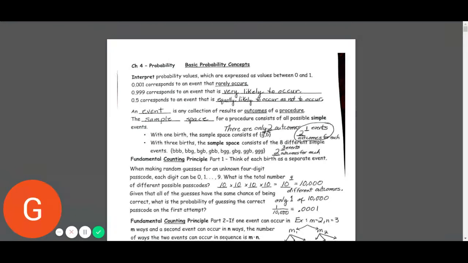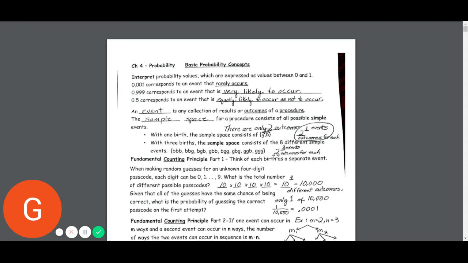If we were counting this, you can communicate this in exponential form, where the number of outcomes is the base and the number of events is up in the exponent. This makes a little more sense as we get moving along with more complicated sample spaces. With three births, the sample space consists of 8 different simple events, basically because there's 3 different events going on here, 3 births, 2 different outcomes for each birth.